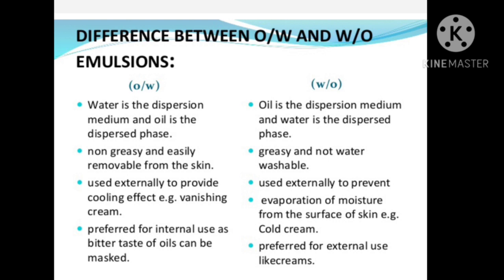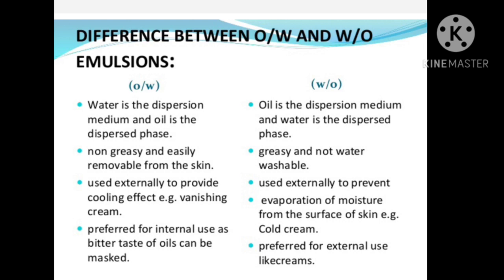The continuous phase of water in oil emulsion is oil, whereas the continuous phase of oil in water emulsion is water. To achieve the stability of water in oil emulsion, two or more emulsifiers are required. In the case of oil in water emulsion, only one emulsifier is required to achieve the stability.